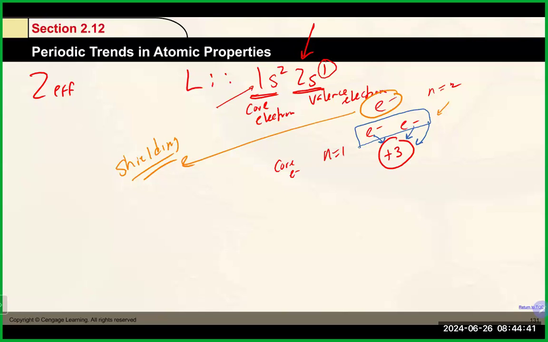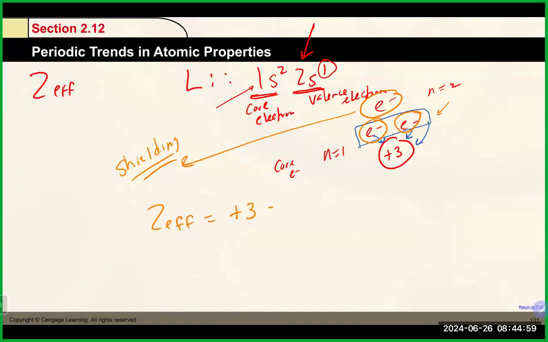So you could actually calculate what that electron is feeling on the outside by taking the positive charge, or the number of protons, which is +3 here, and thinking about how many electrons are in front of it, shielding it.